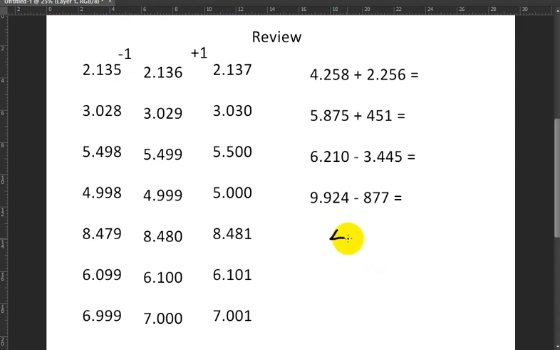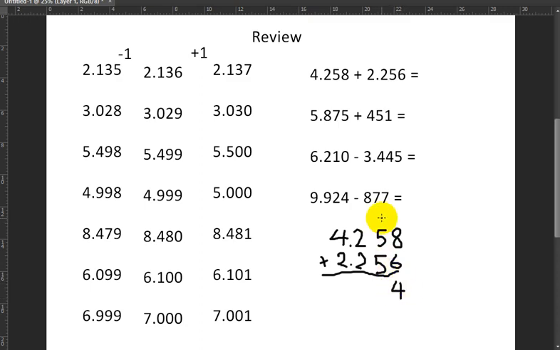We have 4,258 plus 2,256. 8 and 6 makes 14.